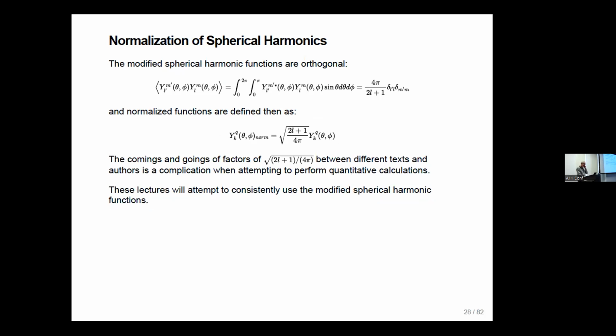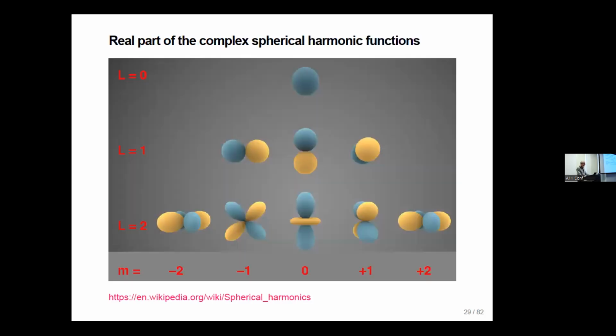I'll just warn you, if you are looking at papers, you have to figure out what normalizations are being used, because there's all sorts of normalizations. Anyhow, you know what these are. These are the orbitals. L equals 0 is just the s orbital, it's a sphere. L equal 1 are the p orbitals. L equal 2 are the d orbitals.